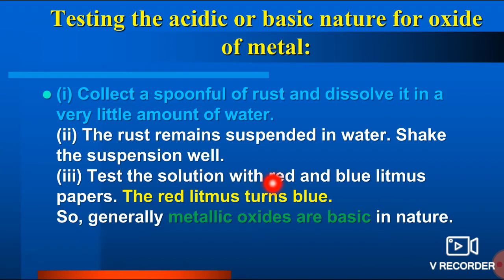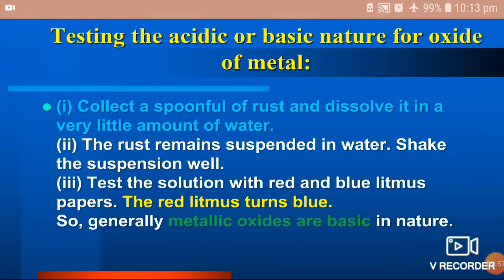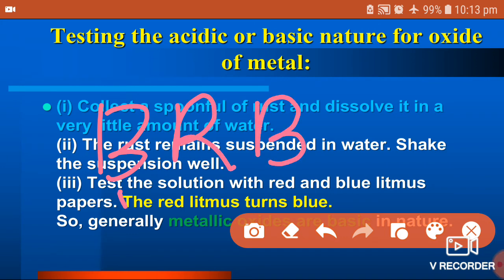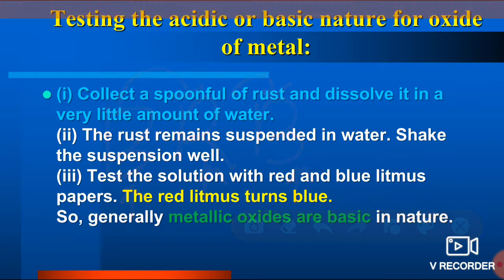This shows that a base turns red litmus paper blue. I have told you a short trick for this. We need to remember B R B: the first B is for base, R is for red, and the last B is for blue. So a base turns red litmus paper blue.